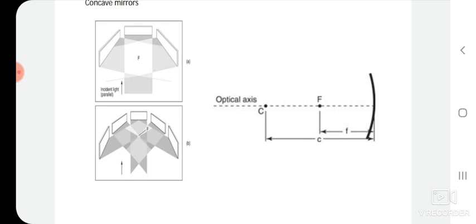The incident and reflected angles are the same.